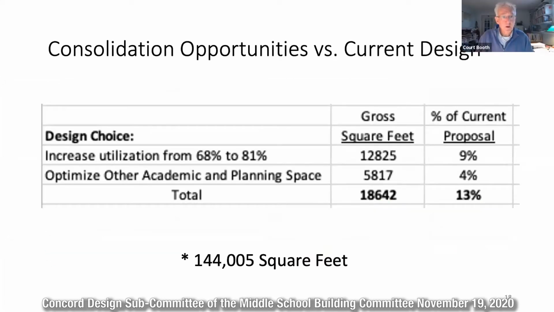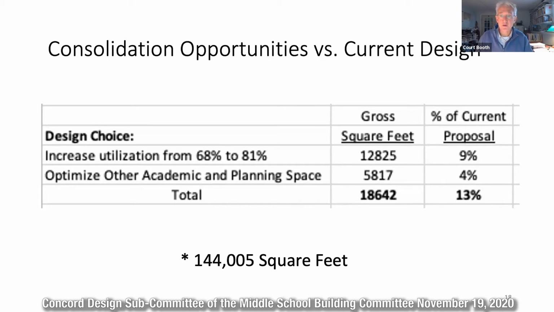Thank you, Charlie. So here we've got a look again at that consolidation idea where we went from 68 to 81%. And that would be a 13,000 foot difference with the Gates comparison.